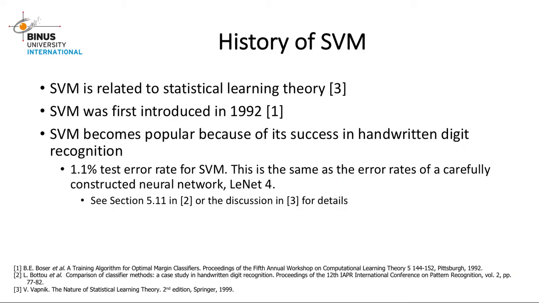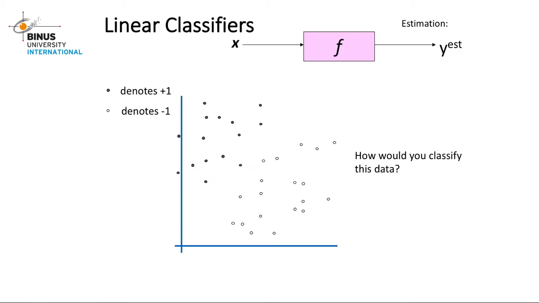This is the history of SVM. SVM was first introduced in 1992 in this paper, A Training Algorithm for Optimal Margin Classifiers, proposed by Boser et al. So the simple explanation is like this. Suppose we want to classify two different classes of data.